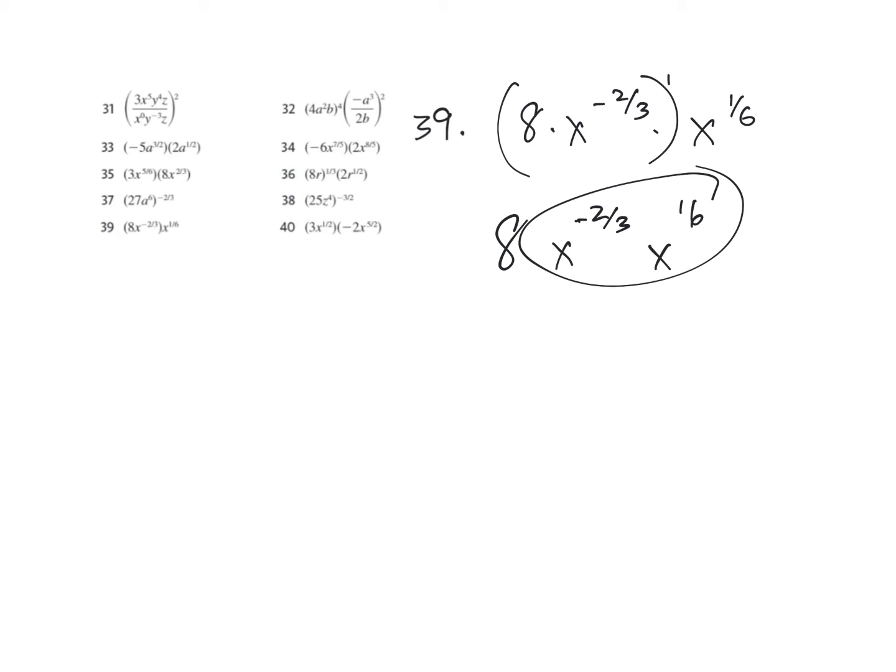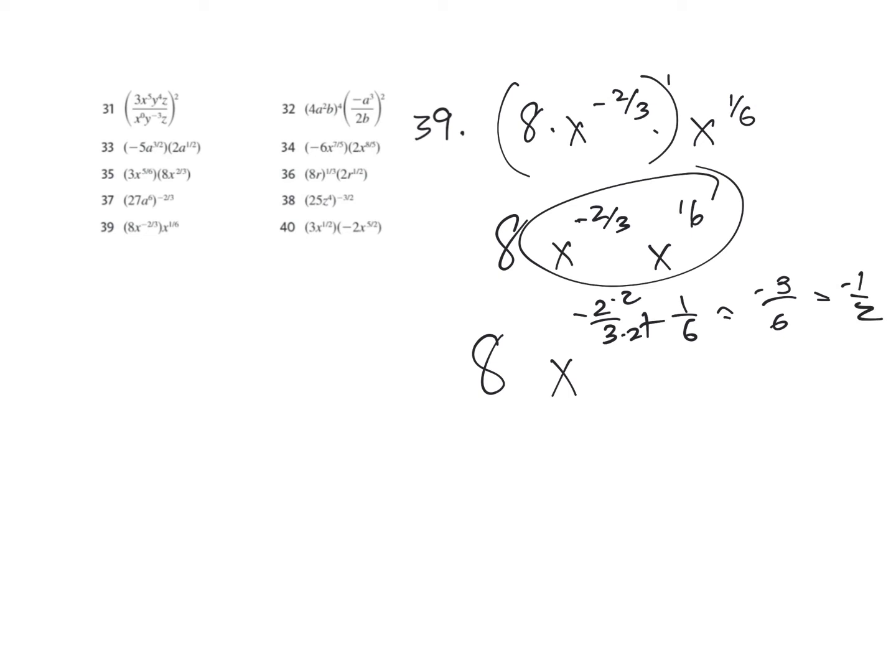So all you have to do at this point is put your like bases together by taking negative 2/3 plus 1/6. Get a common denominator by multiplying by 2. So that'd be negative 4 plus 1 is going to be negative 3 all over 6, or negative 1/2.